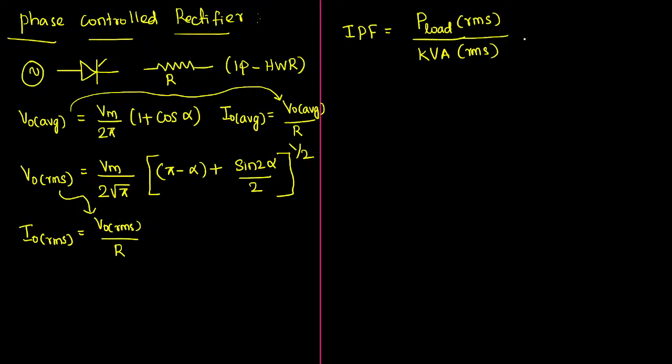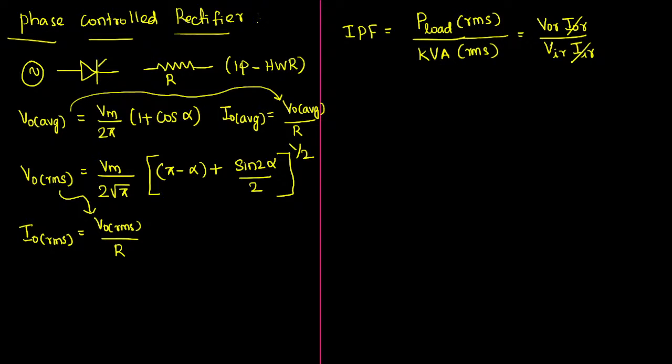If you do like that, what will you get? V naught RMS into I naught RMS divided by V input RMS into I input RMS. But these two cancel here because it is a resistive load. It is directly connected in series with all other parameters, so output RMS current and input RMS current will both be equal. We can simply write output RMS voltage divided by input RMS voltage.